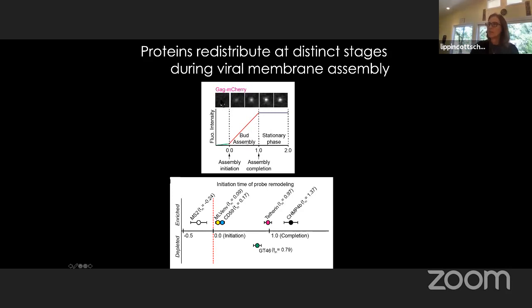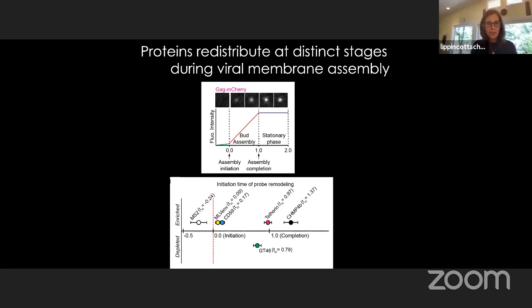So basically we can monitor the bud assembly using the GAG GFP. So we have an assembly initiation time point and a completion time point. Based on that sequence, we can place the co-association or the entry of these different proteins, or exclusion of these different proteins, into that viral site.